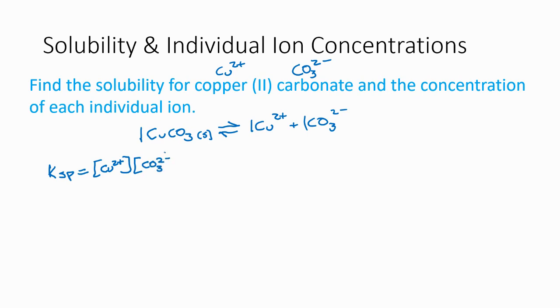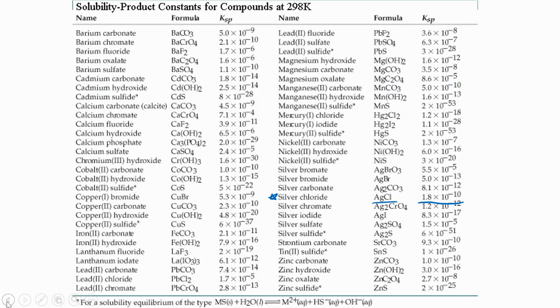And we would just need to go back and look up what the value of copper 2 carbonate's solubility product constant is. So again, I look on this particular sheet. Here's copper 2 carbonate, and its value is 2.3 times 10 to the minus 10.